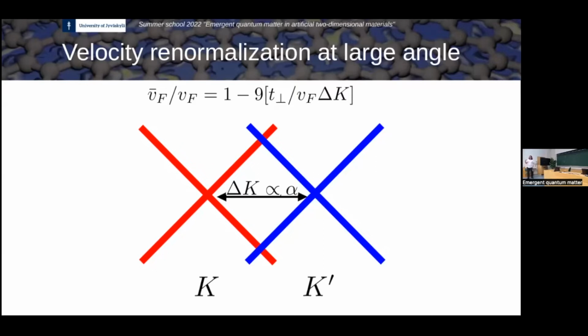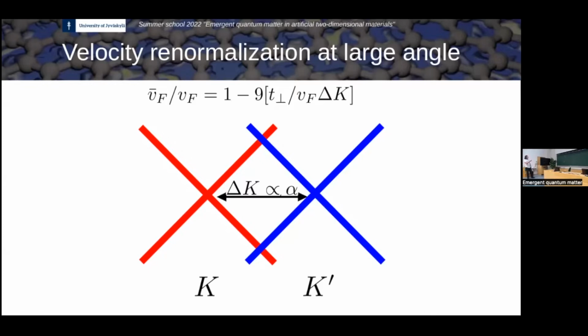And this is just a consequence of the Brillouin zone of the two monolayers being rotated with respect to each other. So this would be K of one of the layers, and this would be K of the other layer. And if you now think in terms of the Brillouin zone of the supercell, this would be K and this would be K prime.